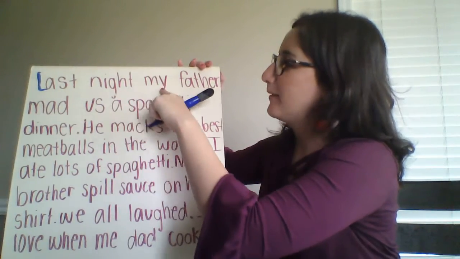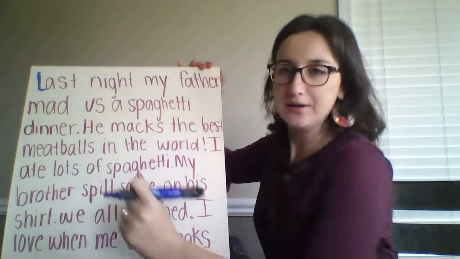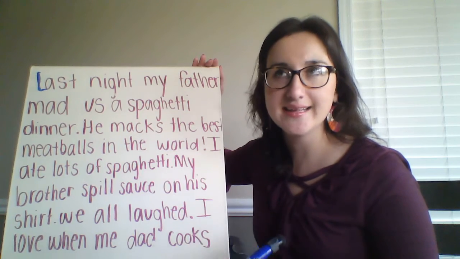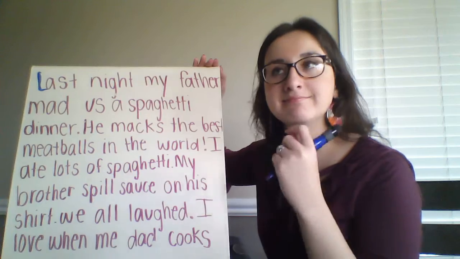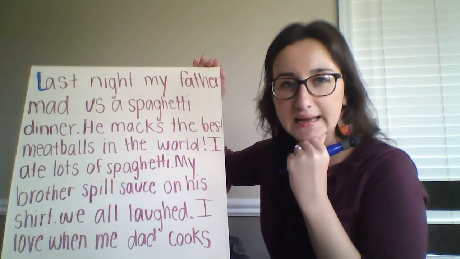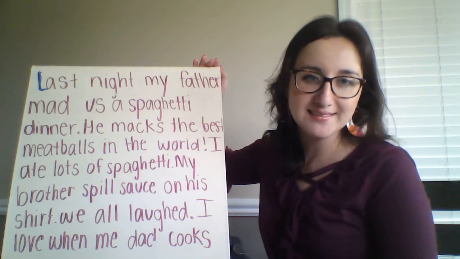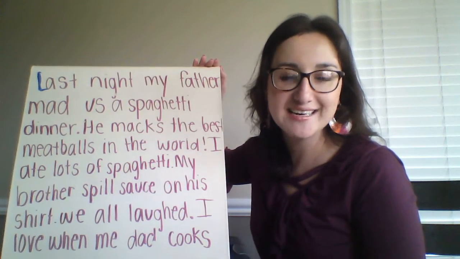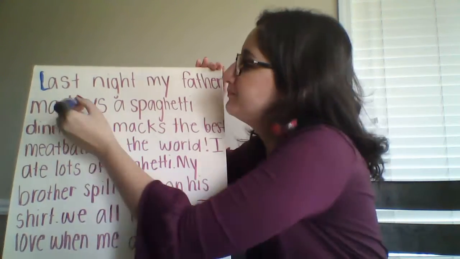Last night, my father. When I look at this word, I see the word mad. Last night, my father made us a spaghetti dinner. I wonder, this word says mad. I need to put one more letter on it so that it can say made, which is what it should say.